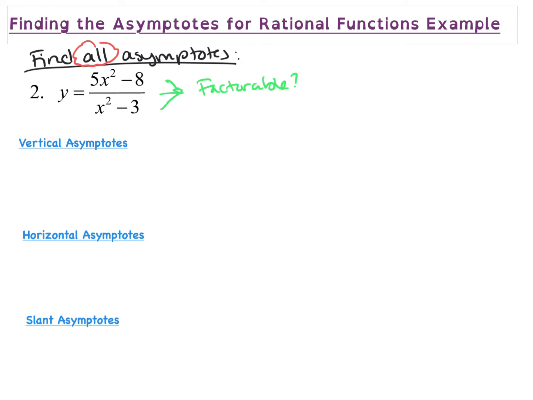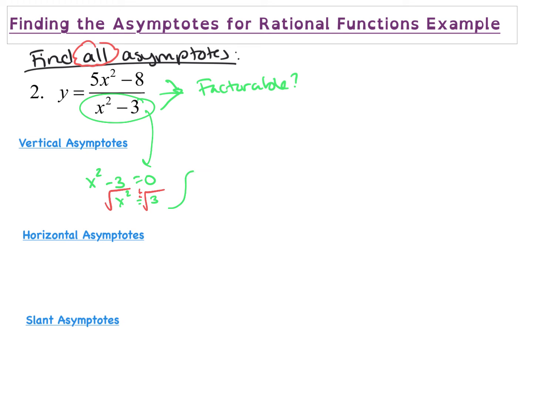So for the vertical asymptotes, since nothing factors or cancels from the denominator, that's where we look at where x squared minus 3 might be equal to 0. Now, since this doesn't factor, I'm going to solve it by moving the 3 to the right-hand side and then taking the square root of each side, not forgetting my plus and minus.